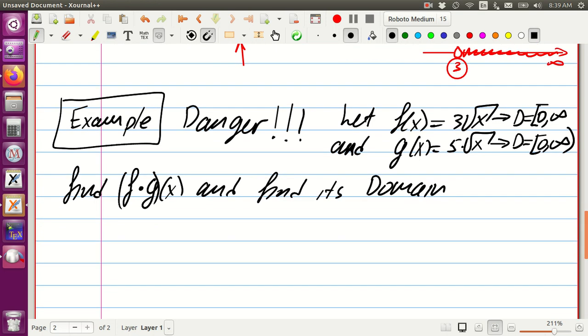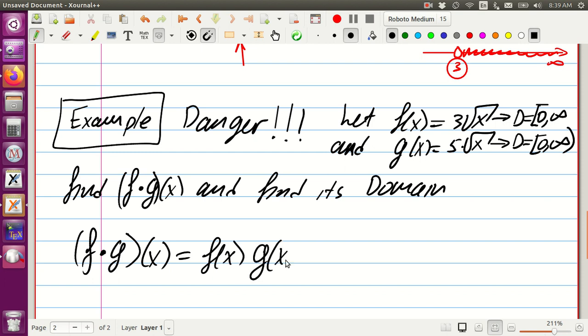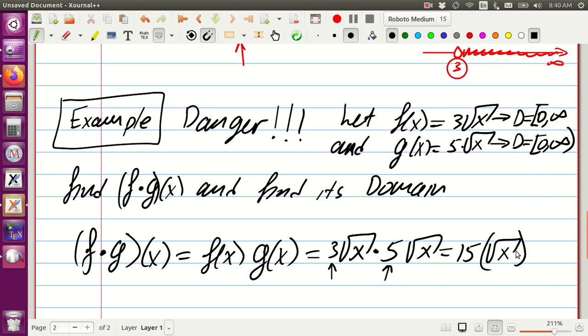All right, so let's do this out. So we have f times g of x. According to the definition, this is f of x times g of x, which is 3 times the square root of x times 5 times the square root of x. And if we combine the numbers together, we're going to get 15 times the square root of x squared.